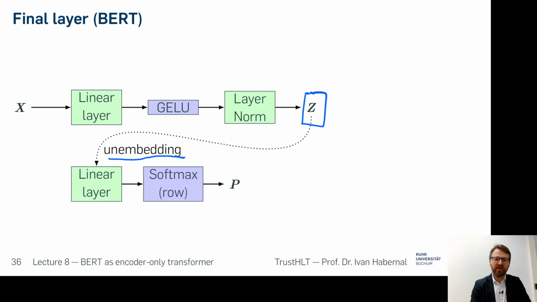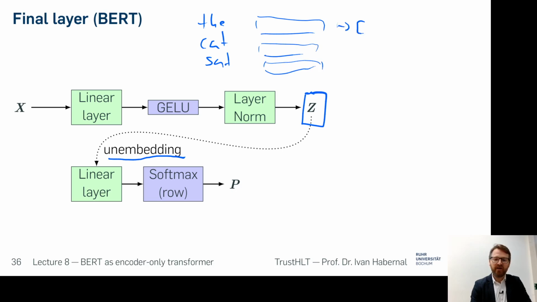If we have "the cat sat", and we have the embeddings after BERT, then we can turn this into vectors of the size of the vocabulary.